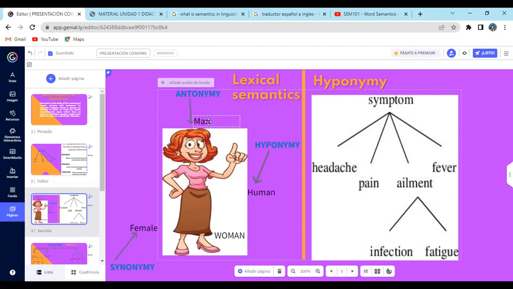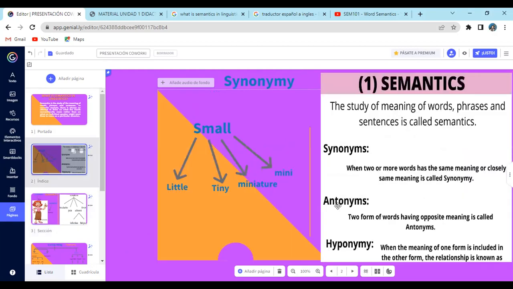It is the opposite. Yes, as you can see here, I didn't read because I think that it is not necessary to read, and I can explain an example. Here we have the definition. Words having opposite meaning are called antonyms.